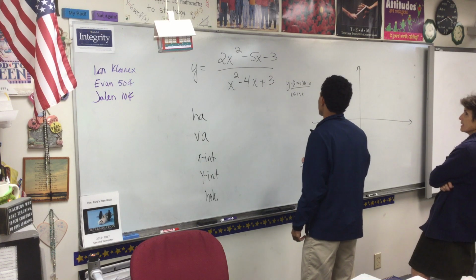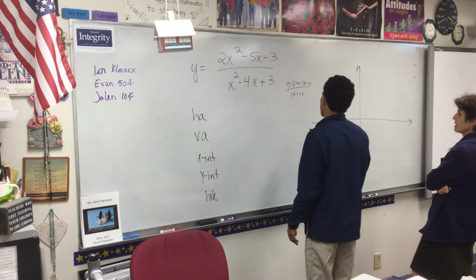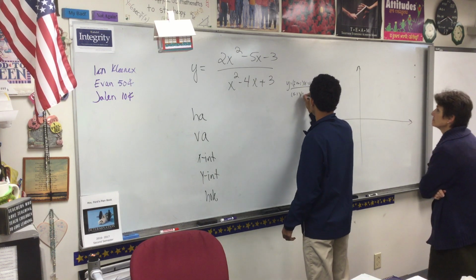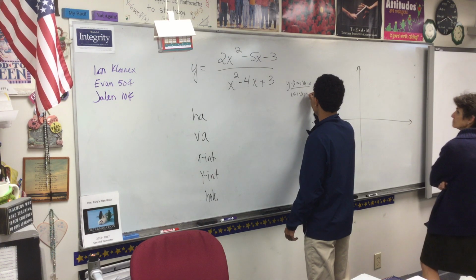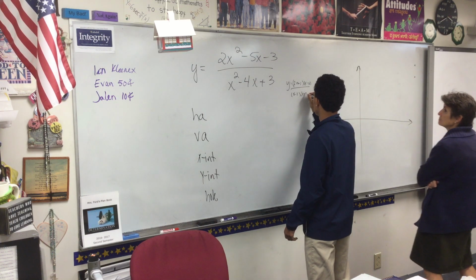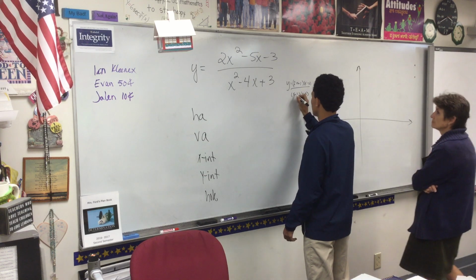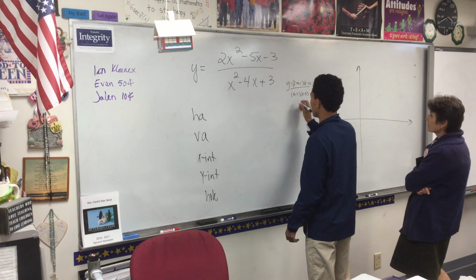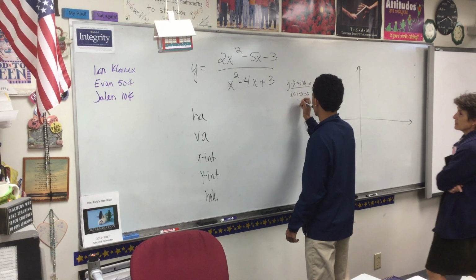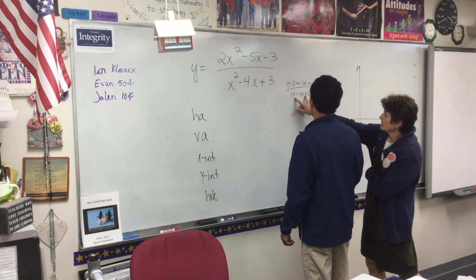Try that. Let's see, negative 6 plus 1. Yes, that works. Still canceling out a negative 3. Horizontal is 2, because that gives you a negative 3.